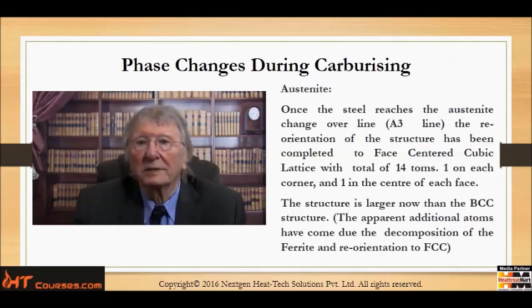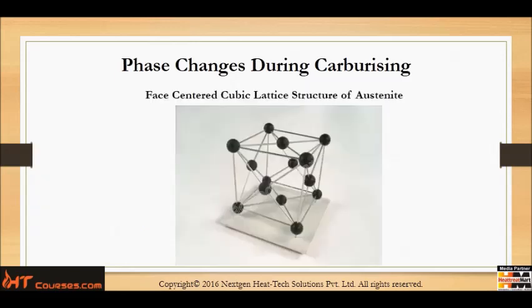The apparent additional atoms have come due to the decomposition of the ferrite and reorientation to the FCC face-centered cubic lattice structure. Once again, please take note of the size comparison. You will notice that it is larger in volume, so therefore a size change has occurred in the steel during the carburizing procedure.